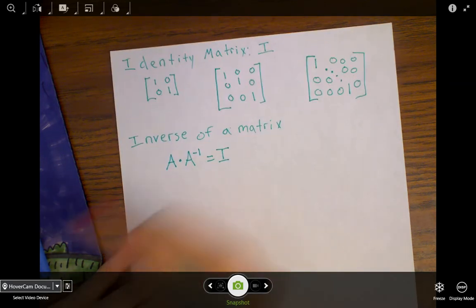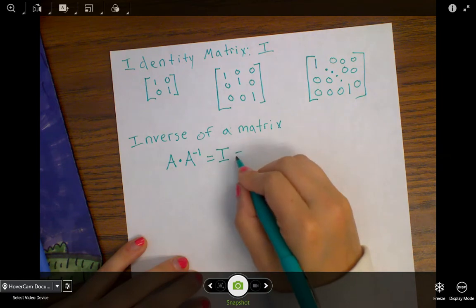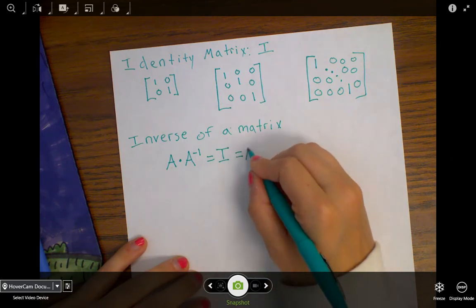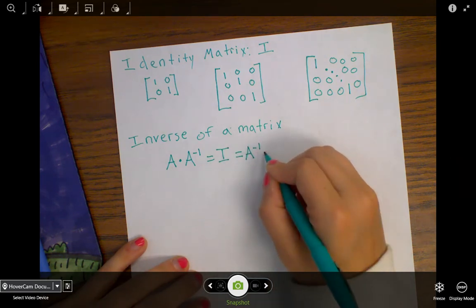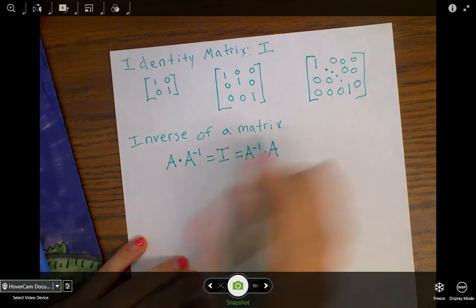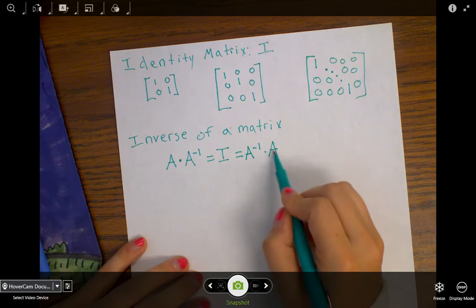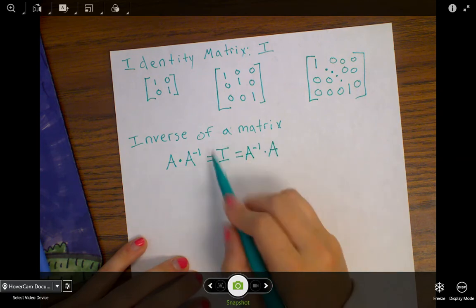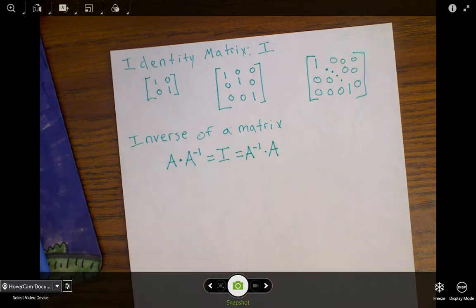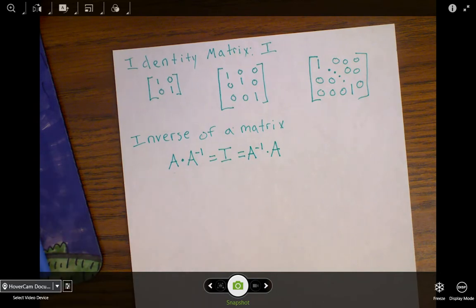But remember that matrix multiplication is not commutative, so my order does matter, which means I need to check it going both ways: A times the inverse of A and also the inverse of A times A. They both have to give me the identity matrix. That's what would determine if something was an inverse or not.